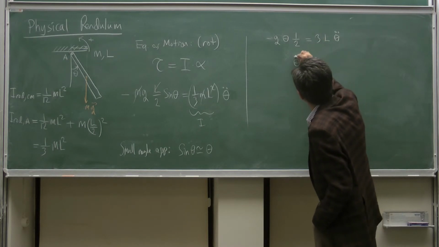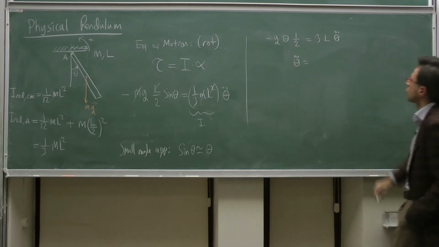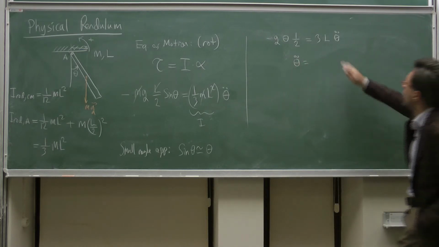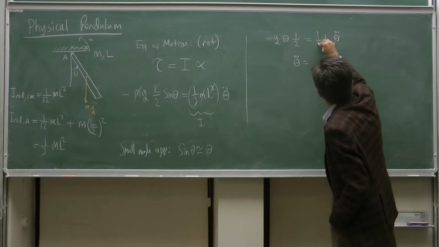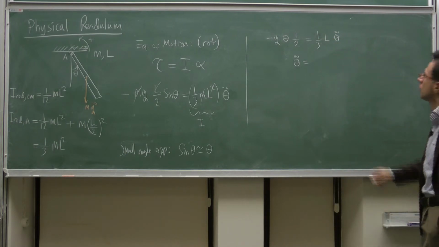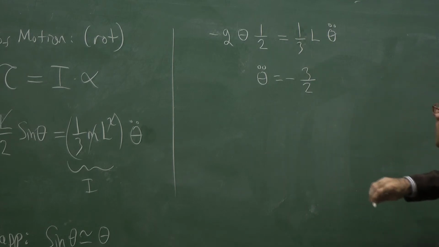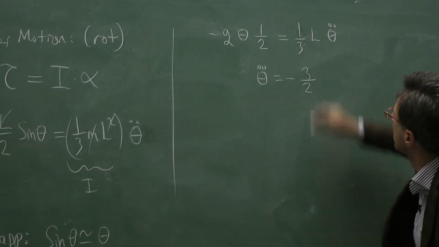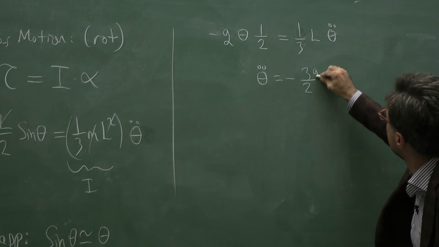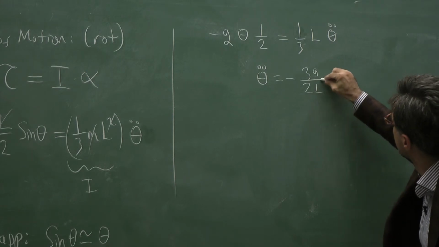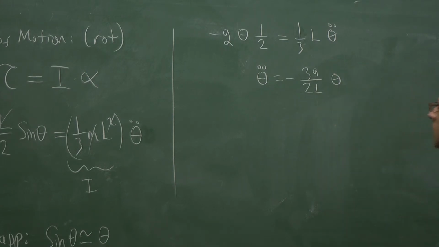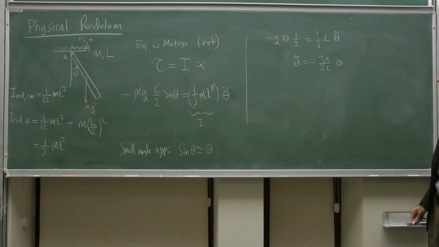Theta double dot is equal to negative 3g divided by 2L times theta. And that is the kind of equation that we see over and over whenever we study oscillation.